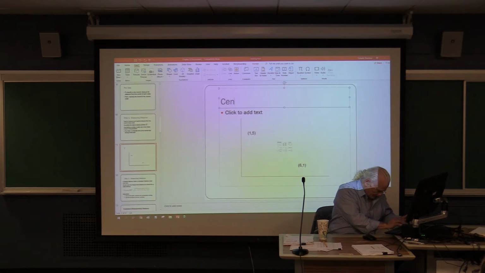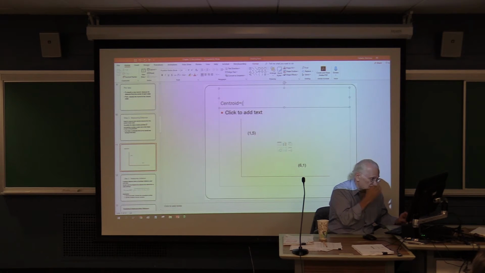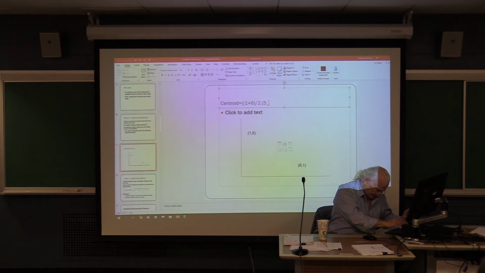So the centroid is equal to... the x-coordinate of the centroid is the average of the x-coordinates, so that would be (1 plus 6) over 2, and the y-coordinate is the average of the y-coordinates, (5 plus 1) over 2.